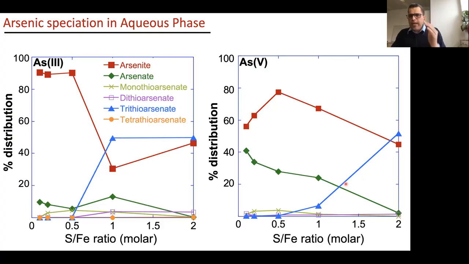But the pattern of arsenic partitioning was the same. As we increase the sulfide concentration, you reduce the arsenic if it was arsenic 5, and you form trithioarsenate. So that was the speciation that we were forming, and that's what we were releasing in our experiment, so to say.